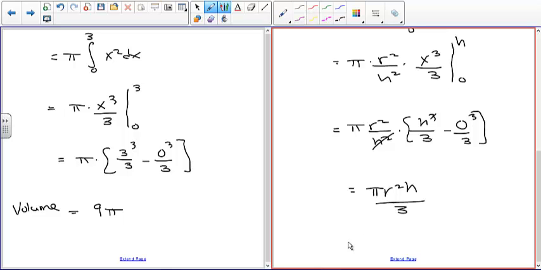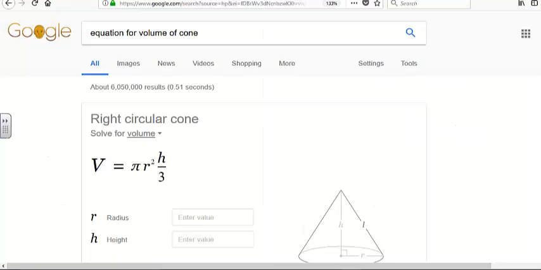Ta-da! And you get the answer. Okay. So that's how you use calculus to come up with the expression for the volume of a cone. You just took it for granted that that's what it was, but now you know why there's a 3 in there.